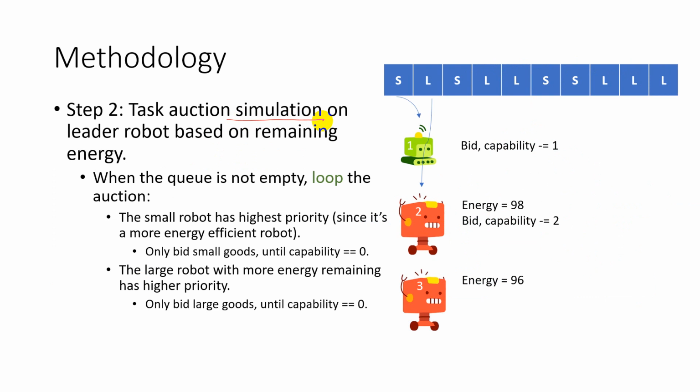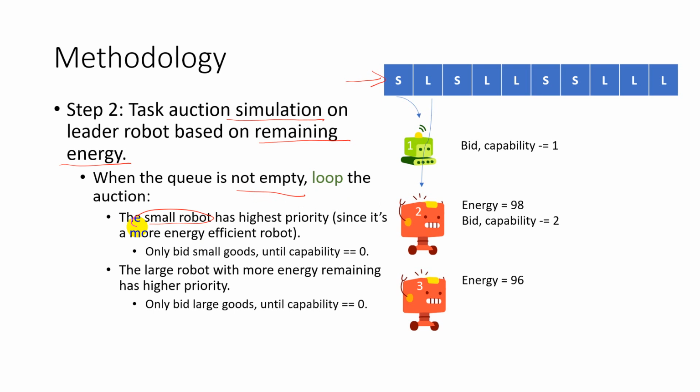based on the remaining energy it has just received from the other two robots. First it loads a queue from zone 1 like this, and when the queue is not empty, it loops this auction procedure. Here I let the small robot have the highest priority, because the small robot only consumes 1 unit of energy for a back and forth trip.